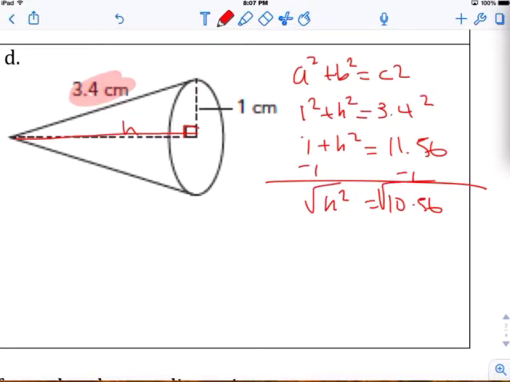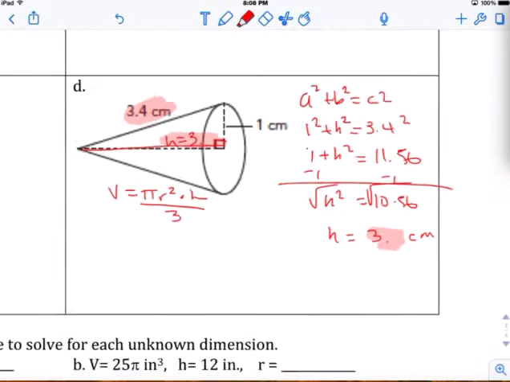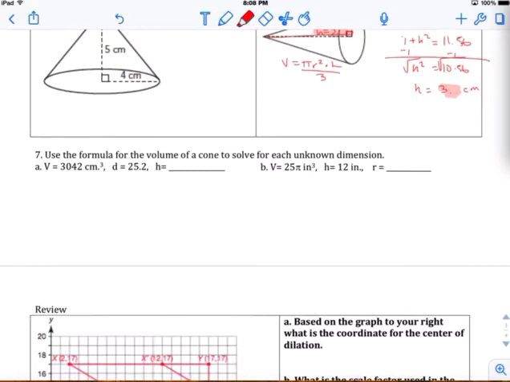Square root of 10.56, it's close to 9, I mean close to 3, so h is 3 point something. Okay, estimation, centimeters. Then you use whatever this answer is and put the volume equals pi r squared times h divided by 3, and h of course is 3 point whatever you get, to the nearest hundredth, you guys. Make sure you round it to the nearest hundredth.